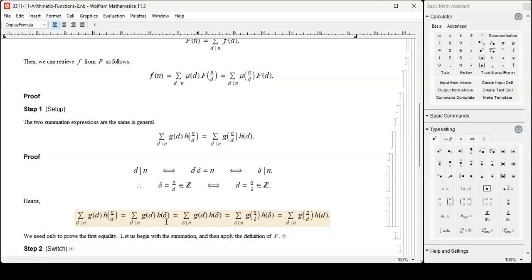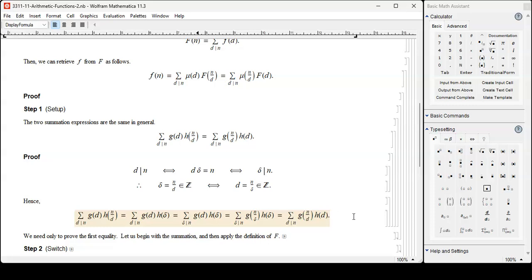And then d dividing n, and then delta dividing n are same, so we can rewrite as delta dividing n, same thing. And then d is n over delta. So we get this expression, and finally, just change the characters. Express d in place of delta, and we get the final expression here.